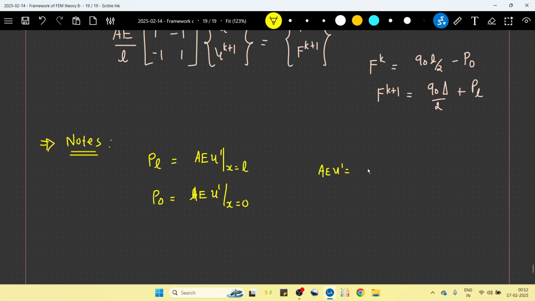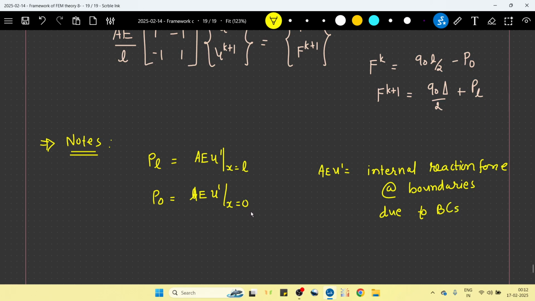So it is actually internal reaction force at boundaries, or we can say due to boundary conditions.